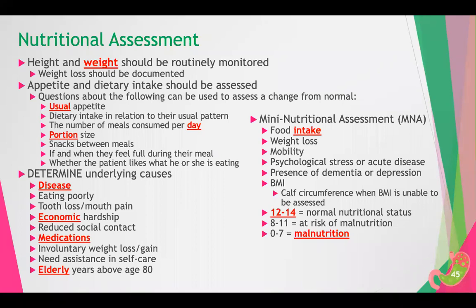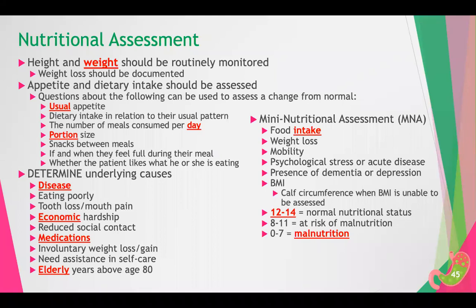Do they have any tooth loss or mouth pain? That would be where the oral assessment would come into play. Do they have properly fitting dentures? Are they experiencing any economic hardship, or are finances causing them not to be able to access food? Is there reduced social contact? Remember, isolation can impact an individual not having adequate dietary intake.